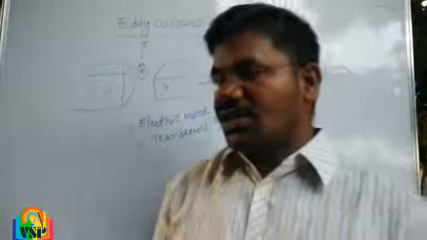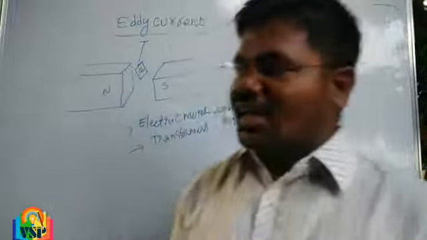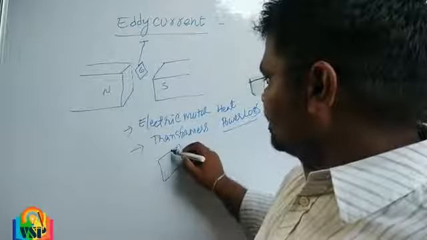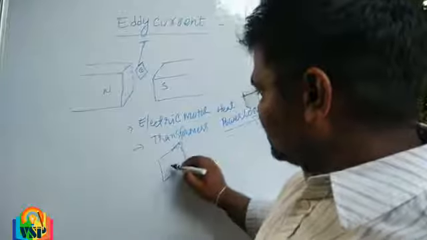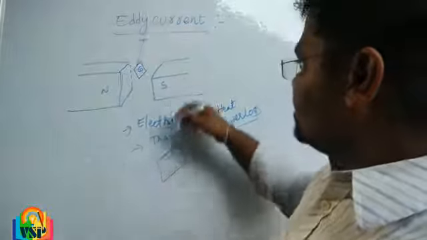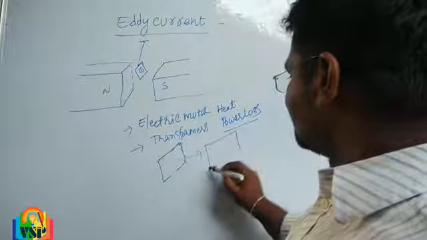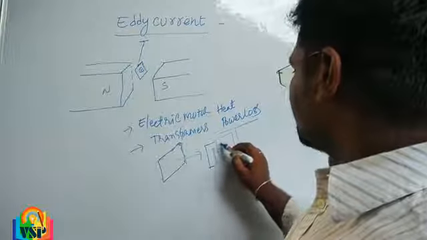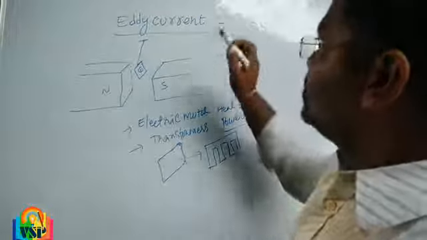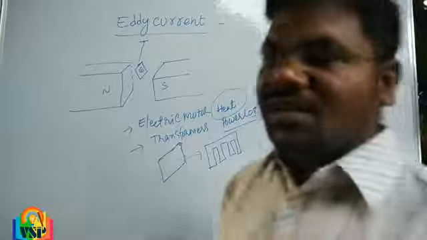We can reduce this by arranging insulating sheets, making some gaps between the plates. If we arrange slits in the bulk pieces of matter inside the core of the electric motor or transformer, we can reduce the eddy current. Due to that, heat energy and power loss also decrease.